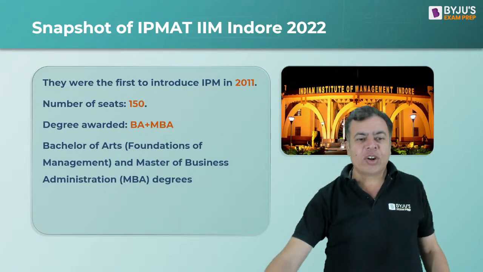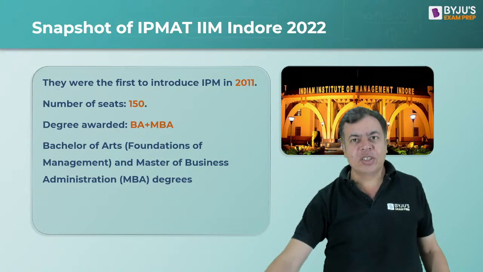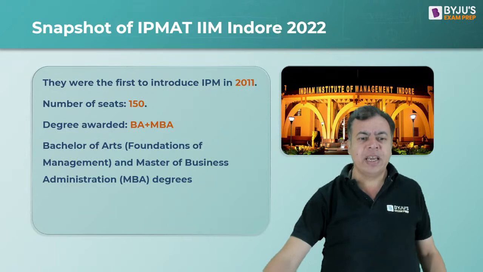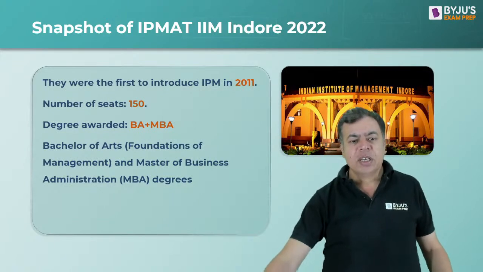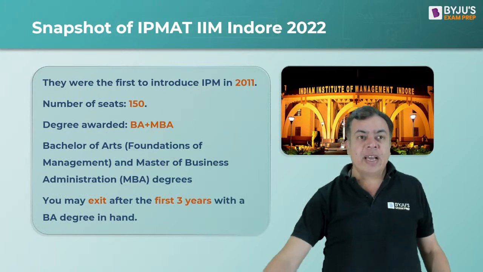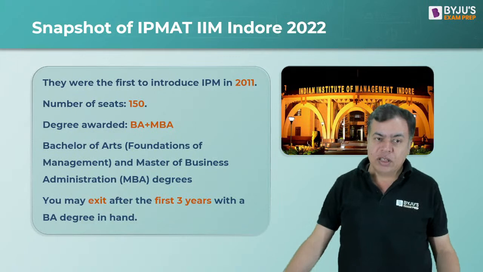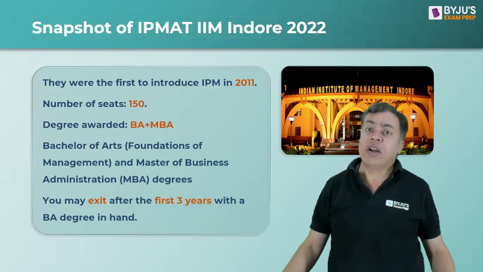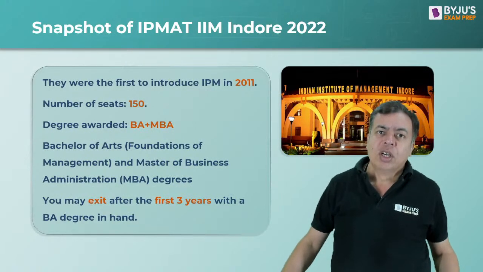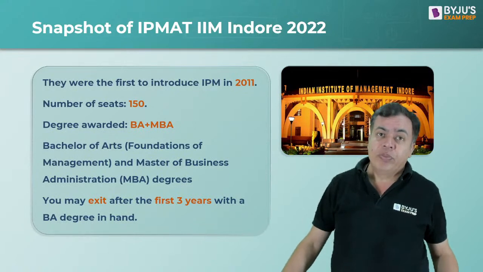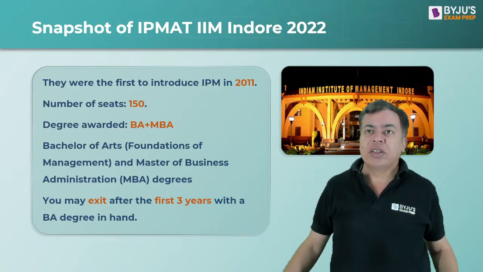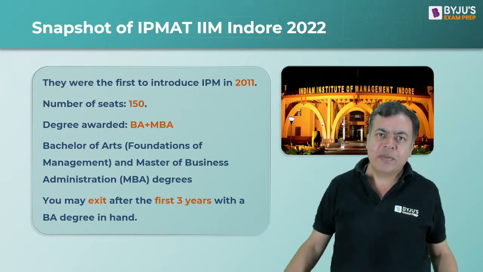Okay, so Bachelor of Arts, BA in Foundations of Management. So it is not actually BBA but BA in Foundation of Management, and then Master of Business Administration, MBA, right? You may exit after the first 3 years with a BA degree in hand, and then, since you are already at IIM Indore, you can target other, better IIMs after 3 years by appearing in CAT maybe.